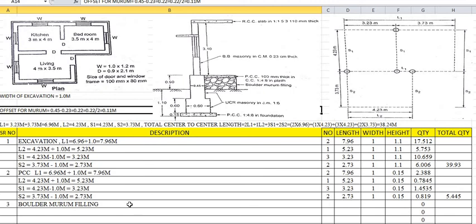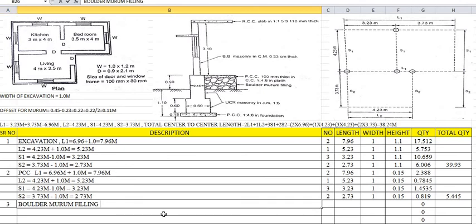So how to calculate the length? We will calculate the murum filling in the kitchen. First we will find the normal length of the kitchen. The length of the kitchen has been given as 3 meters, as mentioned in this figure. So 3 minus the offset, 0.11 at one wall. How many walls are there? Two along 3 meters.